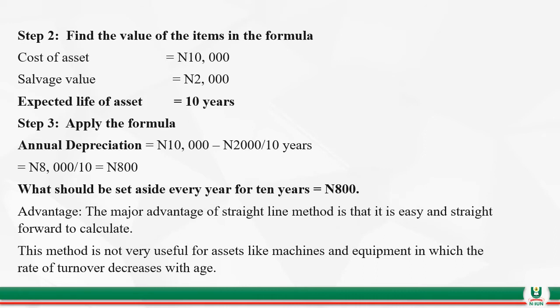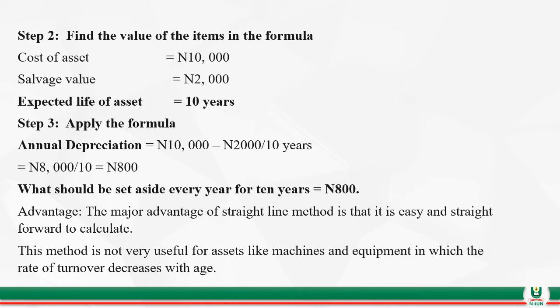So now the next thing is you apply the formula. Annual depreciation is equal to cost of asset minus the salvage value, so you have 10,000 minus 2,000, divided by 10 years.